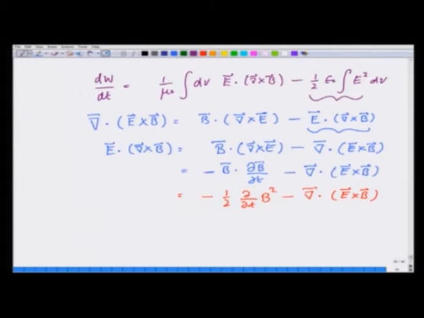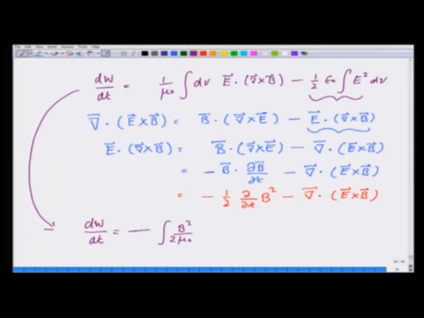And therefore, I come back to this equation and write this as dW/dt is equal to minus 1/2 integral B square over mu 0. To make it look better, let me remove this half and put 2 mu 0 inside.